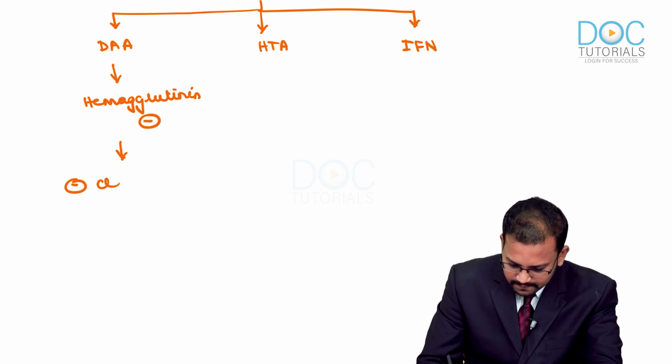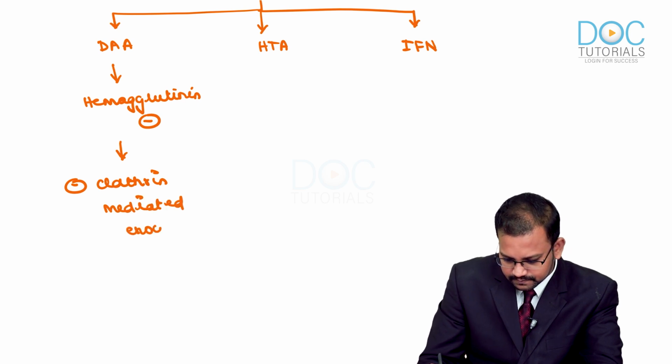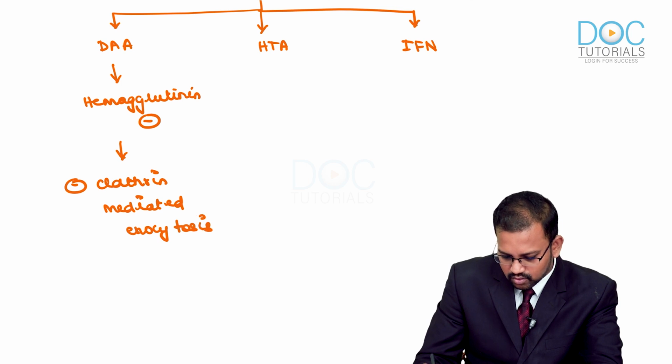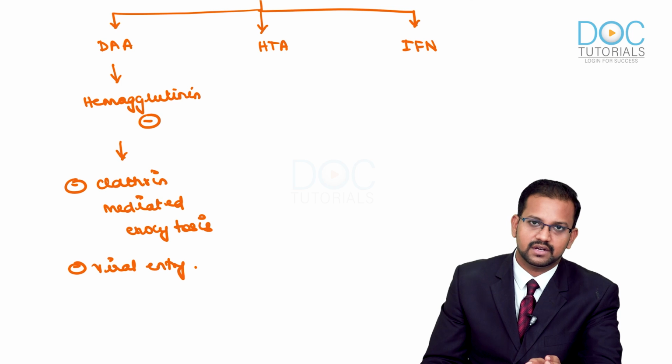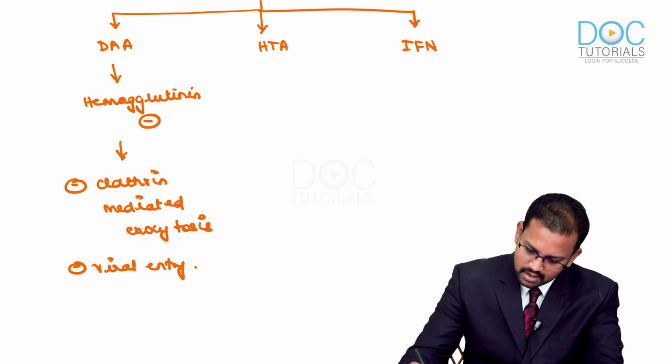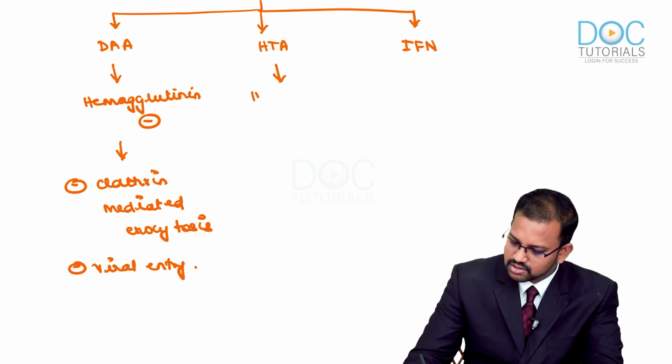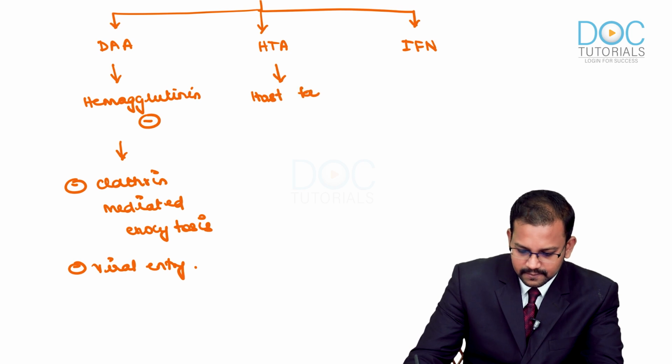It is going to inhibit clathrin mediated endocytosis, and also it inhibits viral entry. Because of these three different mechanisms, Umifenovir can act as a directly acting antiviral agent. What about HTA, guys? HTA means host targeting agent.